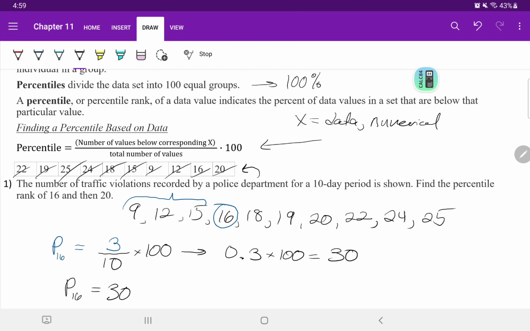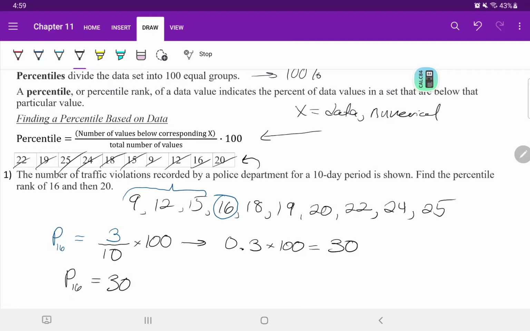Therefore, that means 16 traffic violations is the 30th percentile.